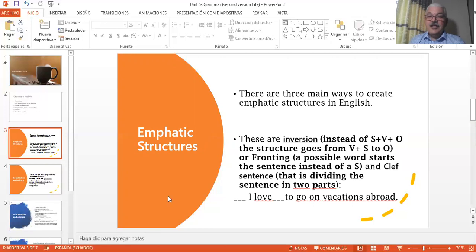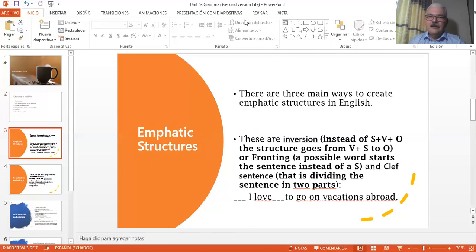Well, the first thing, those are words that we use normally to make emphasis. And here you can say, what I love, the thing I love, okay, is to go on vacations abroad. Notice that we have said the same idea, but with different words.